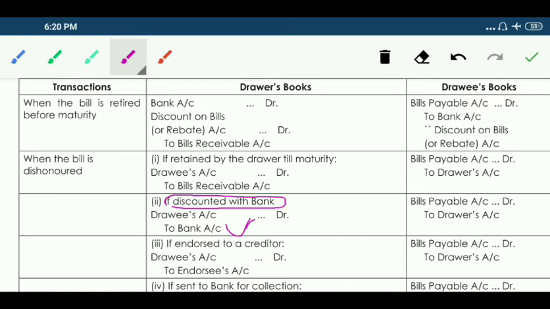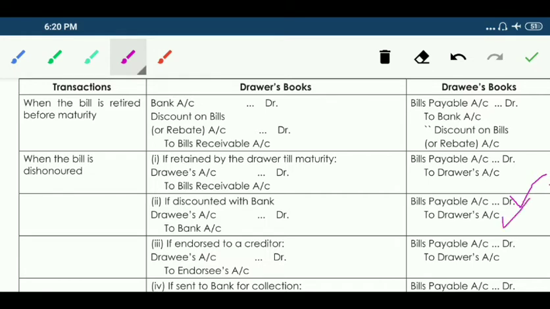Now at the time of dishonor we credit the bank account because we are liable. So again the debtor account, that means the drawee account, is debited. In the drawee's books, the bills payable account is debited, drawer's account is credited. So this is simple.